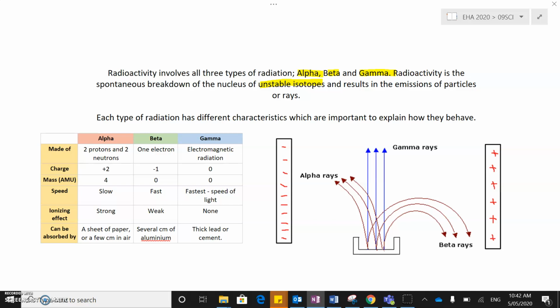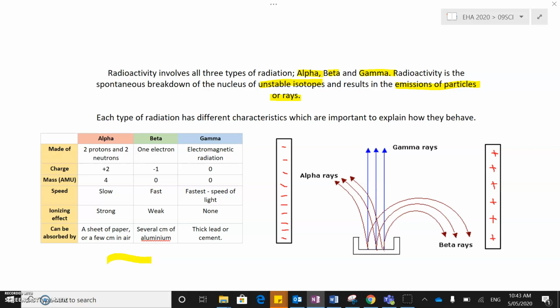These isotopes can be stable, but some are unstable, and it's the unstable isotopes that we're referring to when we discuss radiation and radioactivity. It results in the emissions of particles or rays. So that's a key point that links in to our table here in the bottom left-hand side.